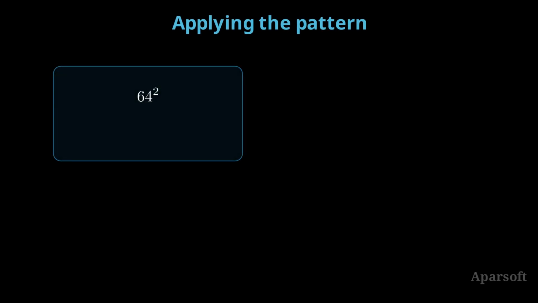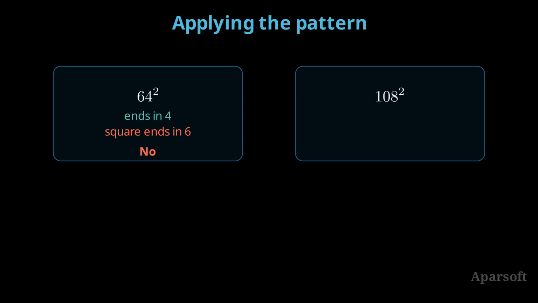Now let us use our rule. First, 64. What is the units digit? It is 4. And we just saw numbers ending in 4 have squares ending in 6. So 64 squared ends in 6, not 4. Next, 108. The units digit is 8. Numbers ending in 8 have squares ending in 4. So 108 squared ends in 4.